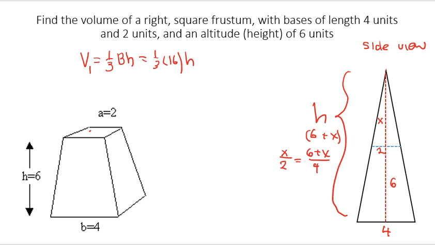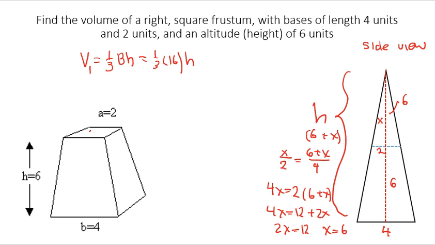Cross multiplying or clearing your fractions, as Dr. Caston likes to say, 4x equals 2 times (6 plus x). So 4x equals 12 plus 2x. 2x equals 12. So x equals 6.